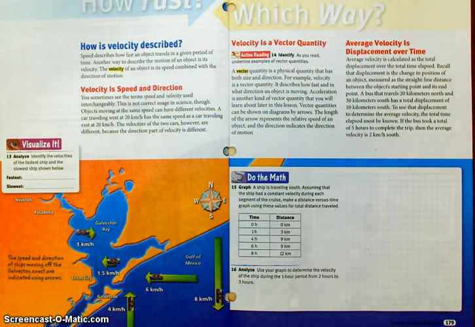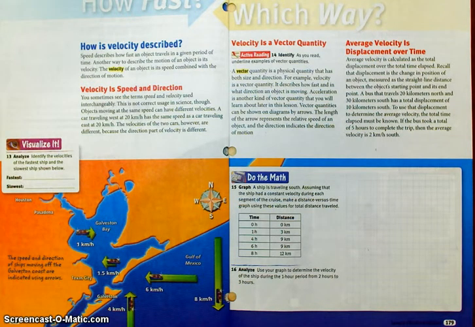So a big arrow would be a large velocity, a small arrow would be a small velocity, etc. And then the direction that you point the arrow is going to indicate the direction for that quantity. So if you point an arrow east, then you're telling me that an object has a certain velocity east. Or if you point it up, whatever. The arrow indicates the direction, and how big the arrow is indicates the size or the magnitude of the number.